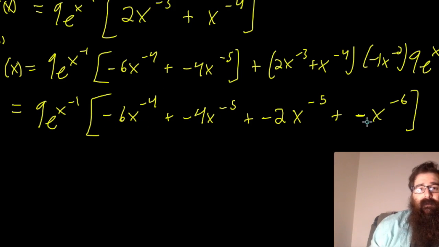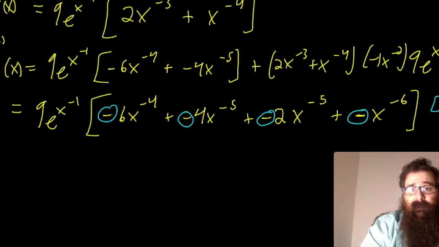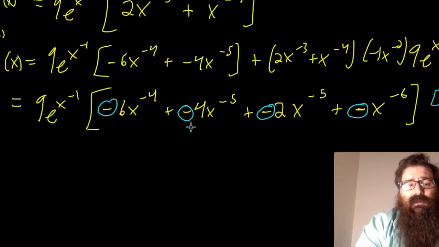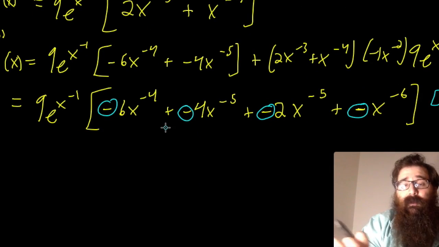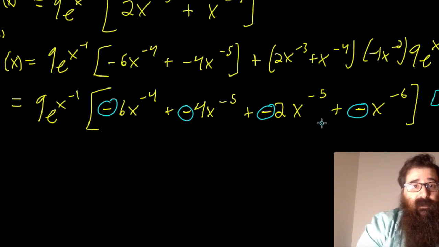Every single term here is negative. Negative, negative, negative, negative. And our overall interval from A to B was the interval from 1 to 2, if you remember from the original problem. So for any of these values for x, I'm always going to get something negative. If I really wanted to push this idea home, I could factor a big old minus sign out of all of this stuff and say, look at it, everything's negative.